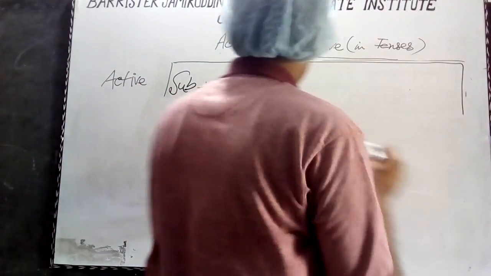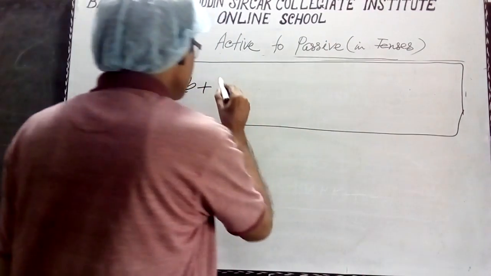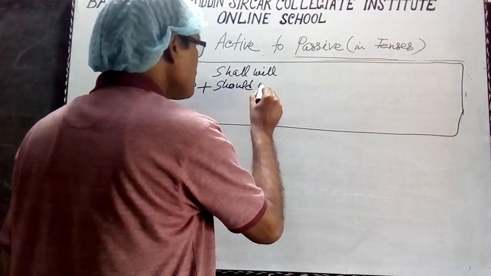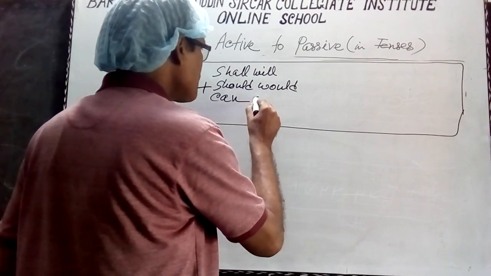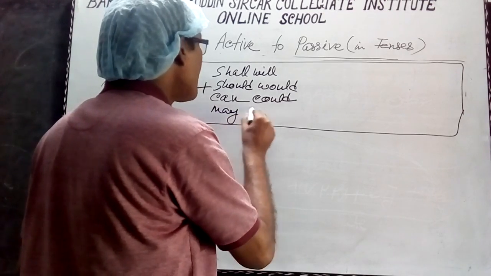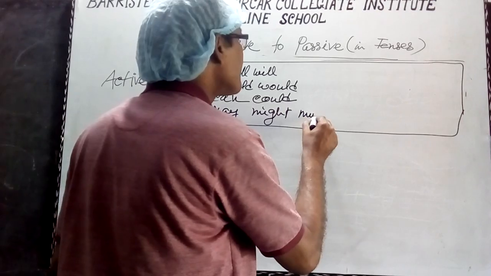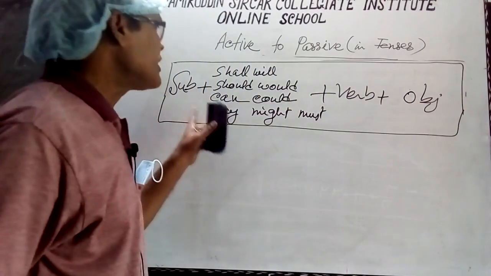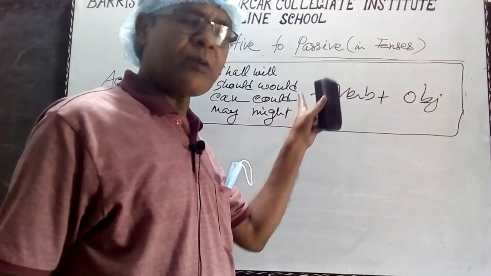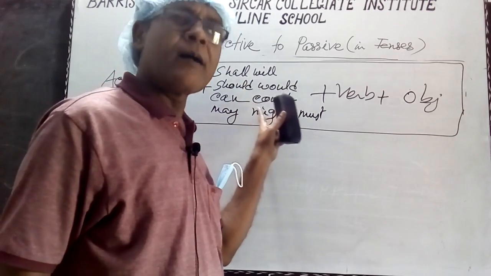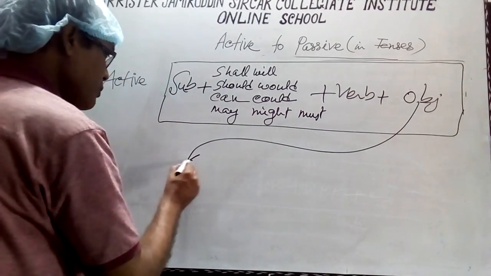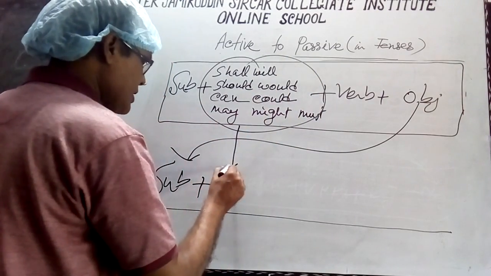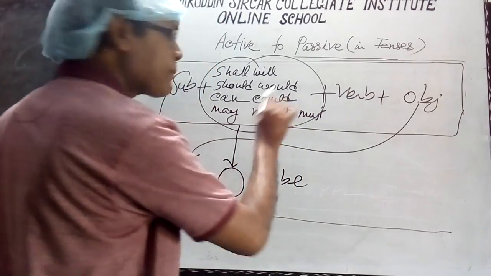If there are modals in the active voice, such as shall, will, should, would, can, could, may, might, must, and the verb is in the present form, and then the object will be the subject, the modals will be the same, and we must take "be" after the modals.